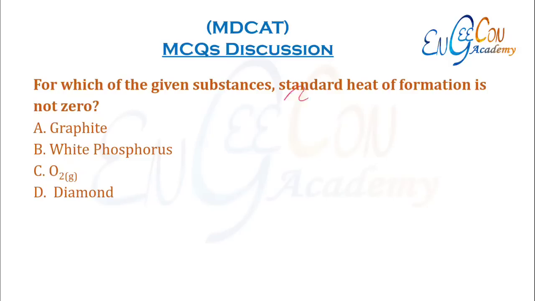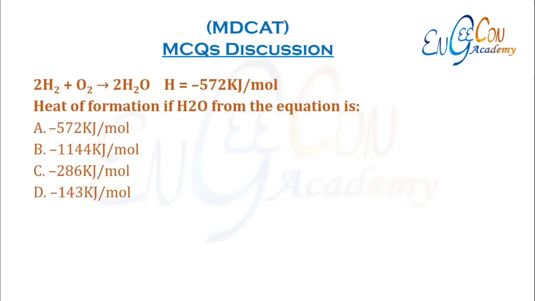For which of the given substances standard heat of formation is not 0? So for any element in pure state, the heat of formation is always 0. So graphite is pure state of carbon, phosphorus is pure state of phosphorus, oxygen gas is pure state of oxygen, diamond is not the pure form of carbon, so its heat of formation is not 0. 2H2 plus O2 forms 2H2O.